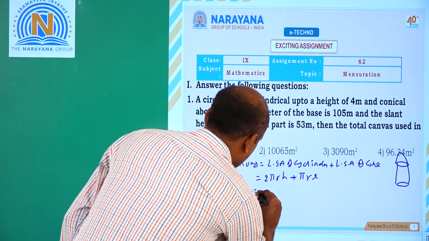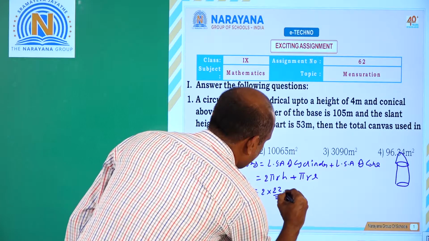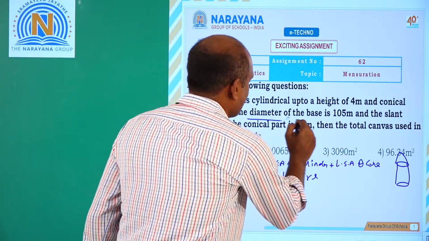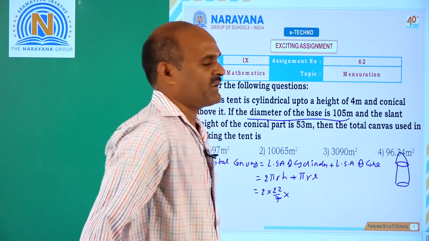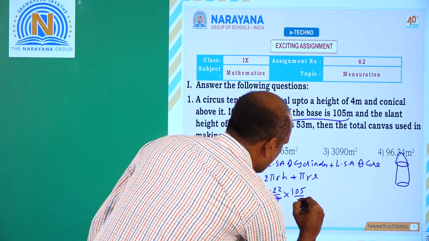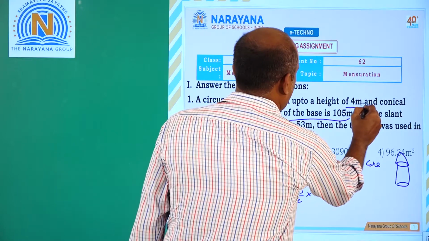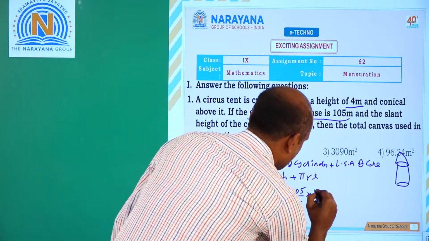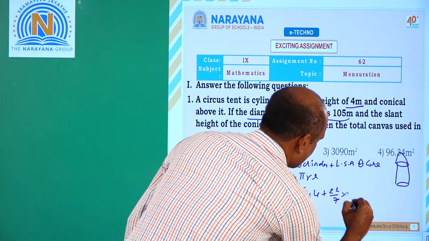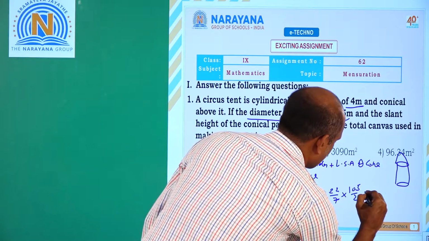That is equal to 2 into 22 by 7 into r. r is nothing but the radius. What is the radius? Diameter of the base is 105, so radius is 105 by 2, into height. Height of the cylinder is 4 meters, plus 22 by 7 into radius 105 by 2 into l.